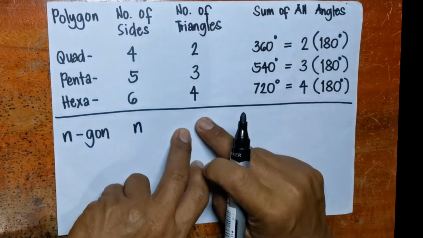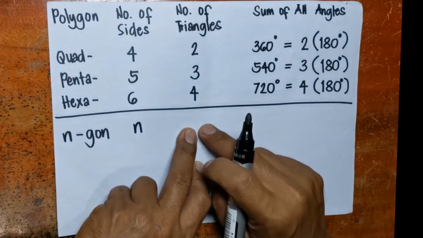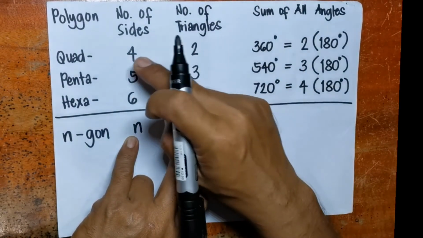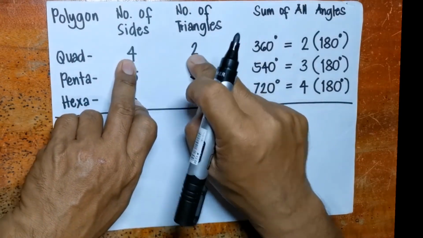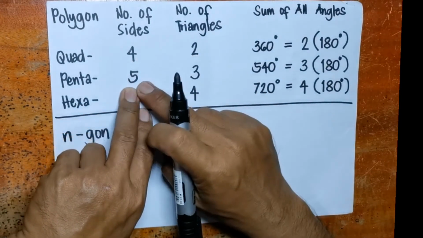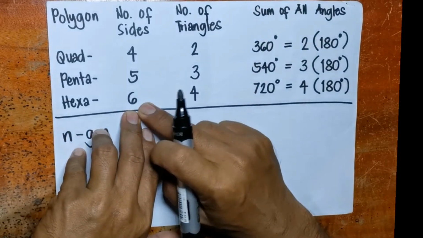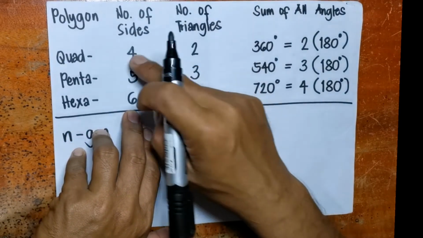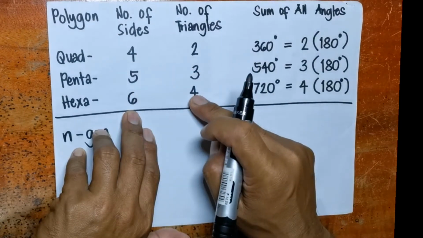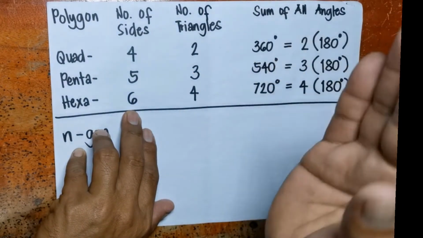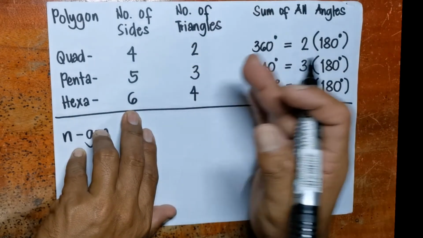And then the number of triangles that we can form is, i-compare natin itong dalawa. So for 4 sides, we have 2 triangles. And then for 5 sides, we have 3 triangles. And for 6 sides, we have 4 triangles. Let us compare the number of sides and the number of triangles formed. Kung halimbawa meron tayong 7 sides, ilang triangles ang mafo-form?